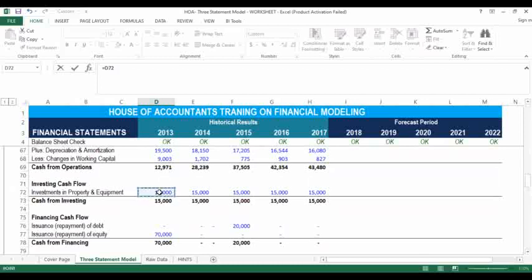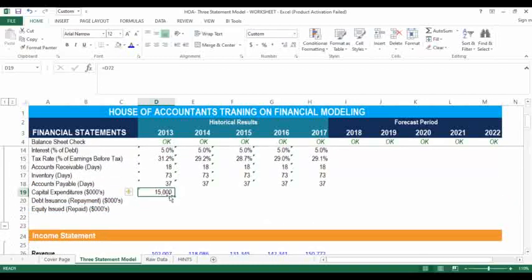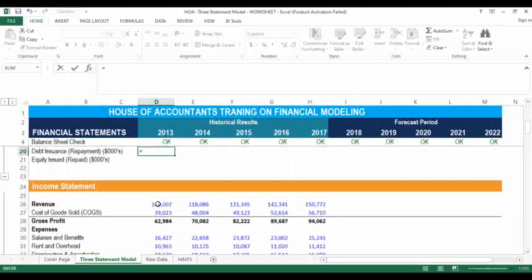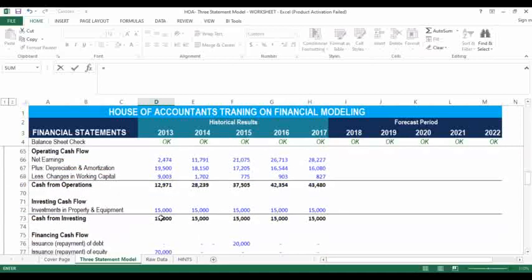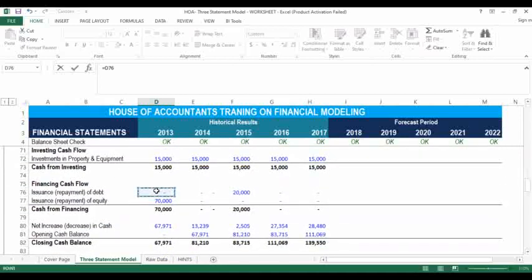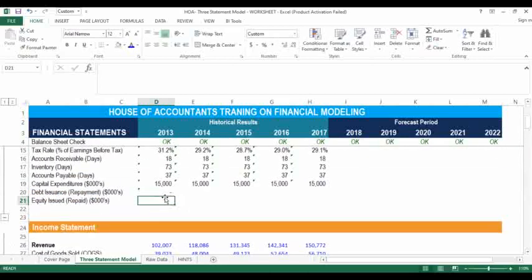This figure, pick it, and you will see that it is a constant figure all through. Then debt issuance, that will be repayment. For the repayment, we come to the repayment part, which is this, and then drag it down as well.